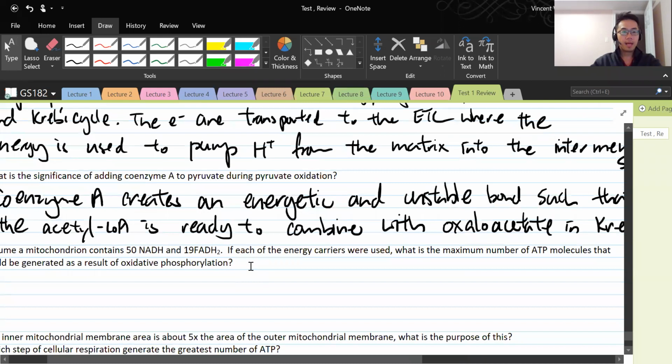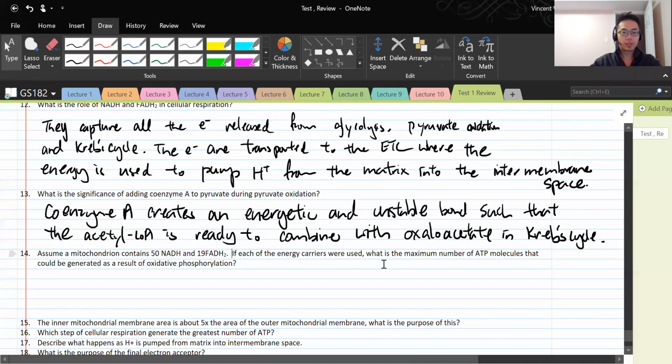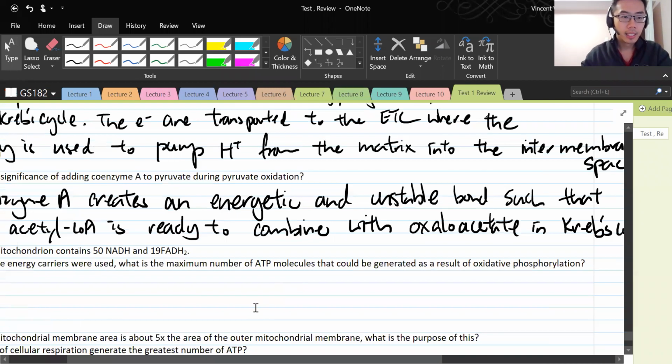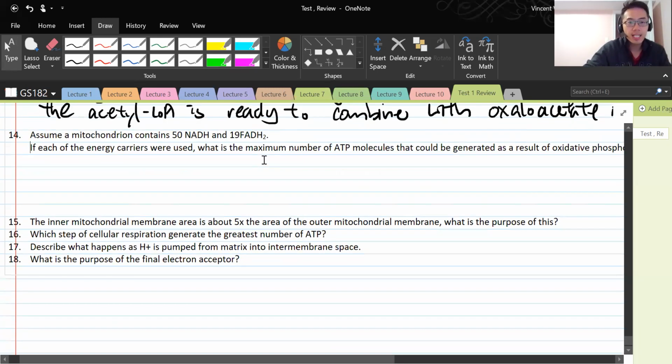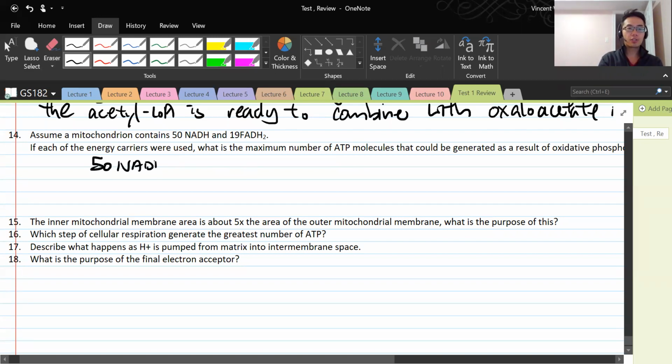All right, here is a math question, the math question that we sort of did on Friday. Assuming a mitochondria contains 50 NADH and 19 FADH2, if all energy carriers were used, what is the maximum number of ATP produced? So 50 NADH times 3, right? That's 150 ATPs.